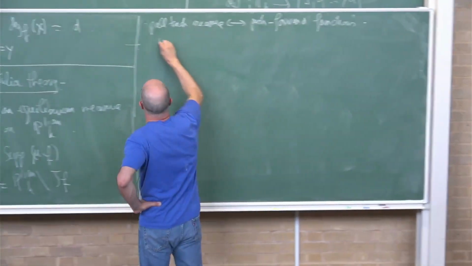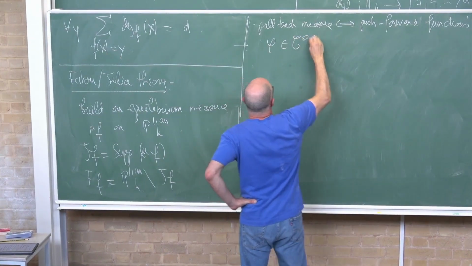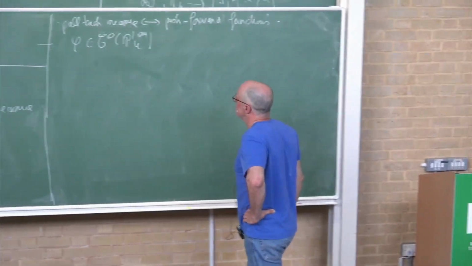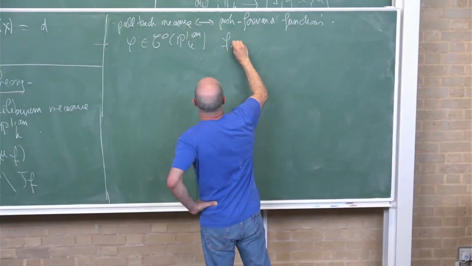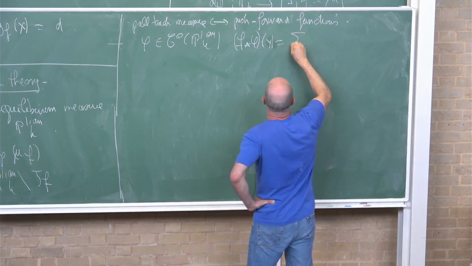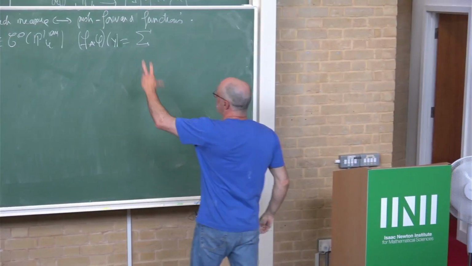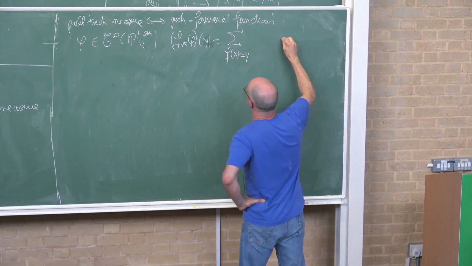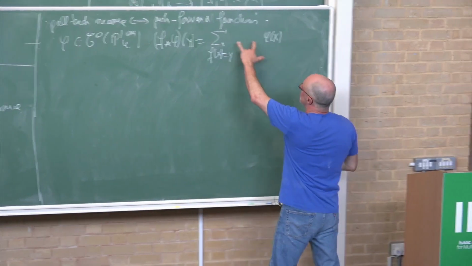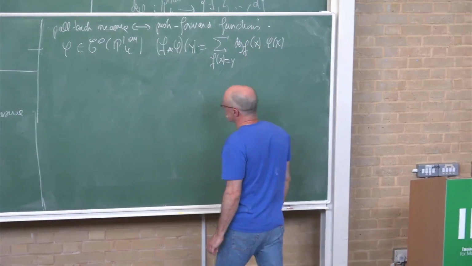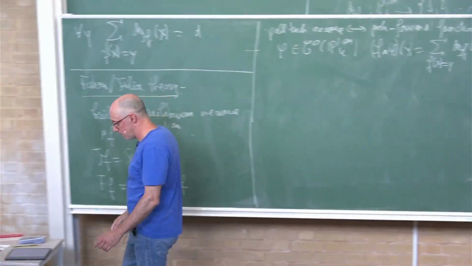And so if you have a phi, let's say a continuous function on the Berkovich projective line, then you can push it forward. At a point y, it's going to be the sum over all its preimages, and here you multiply by the local degree.